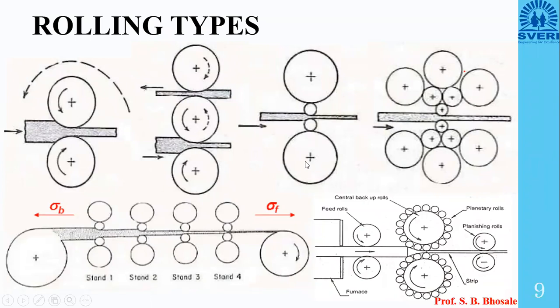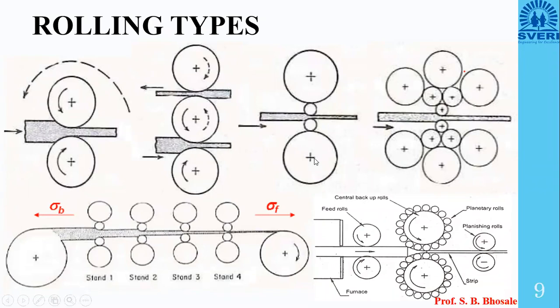But if you come to the four high rolling mill, the contact rolls are smaller, and because of these smaller rolls the radius is smaller and the roll separating pressure is less. To back up these small rolls, larger big rollers are used.